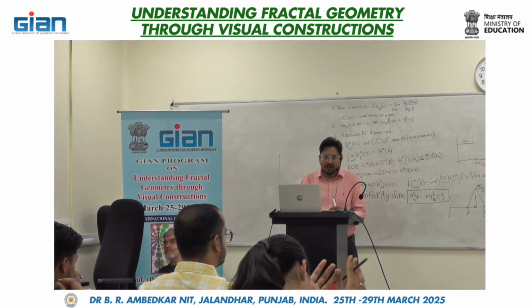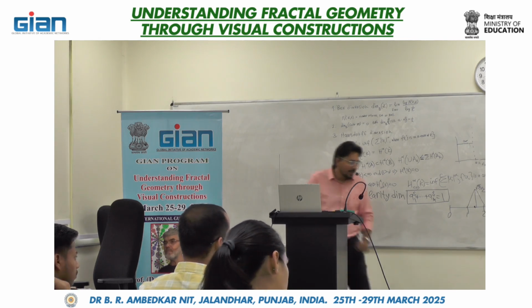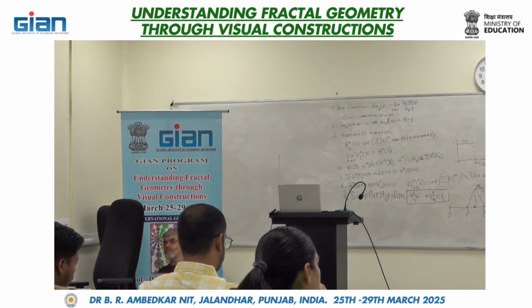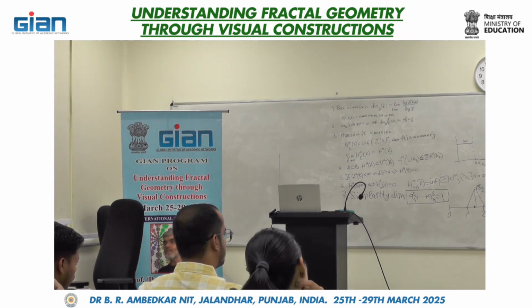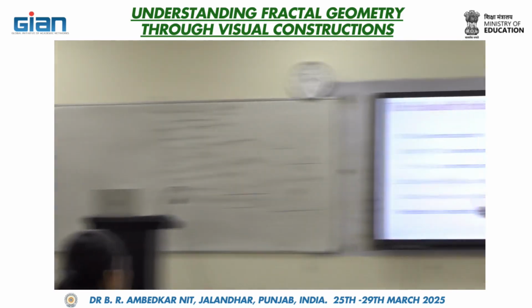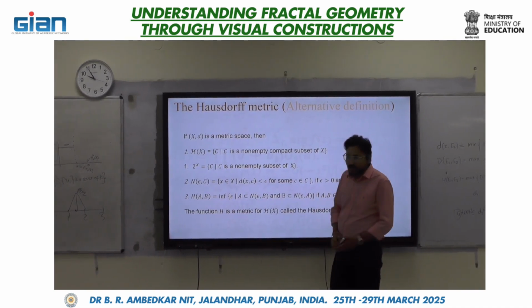Then I am defining the neighborhood N_epsilon(C), which means all the points in x having distance to C less than epsilon, where C is coming from this capital C. And if epsilon is greater than 0 and C belongs to H(X), I am defining h(A, B) in this way: the infimum of all those epsilons such that A is a subset of N_epsilon(B) and B is a subset of N_epsilon(A), if A, B belong to H(X).